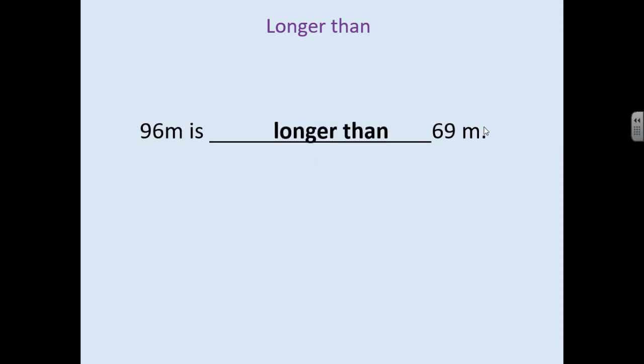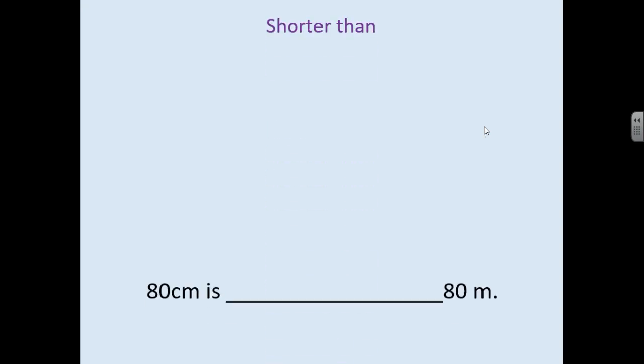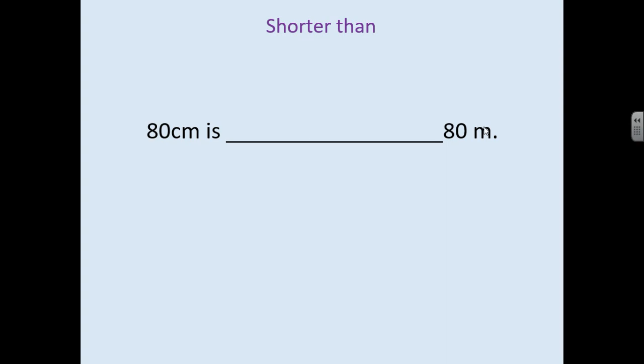When we're also comparing lengths, we either talk about whether it's shorter than, or longer than, or taller than. So in this case, 96 meters is longer than 69 meters. Shorter than, so 80 centimeters is shorter than 80 meters.